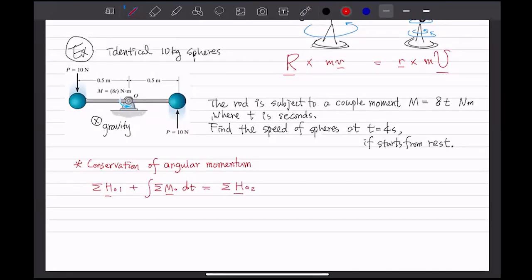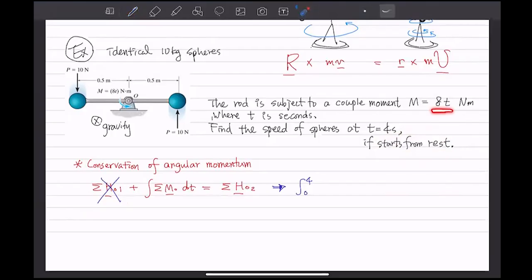All right? And it said it starts from rest, so we don't have any of that here, right? And we can just integrate from 0 to 4.